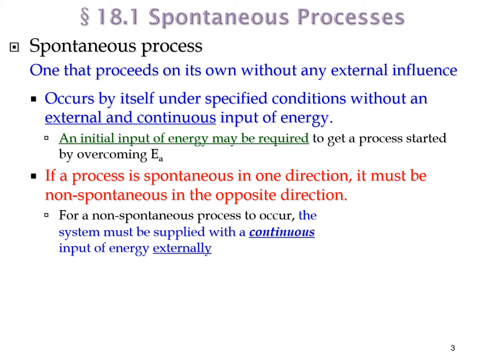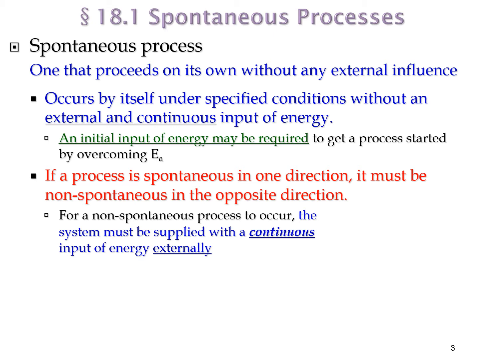So let me say it in a slightly different way. For a non-spontaneous process to occur, the system must be supplied with a continuous input of energy externally. Two keywords I want you guys to understand. First, the energy input must come from externally, not from the system. From where? Surroundings.